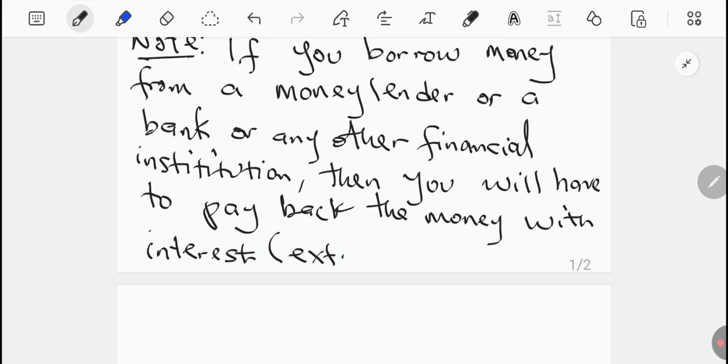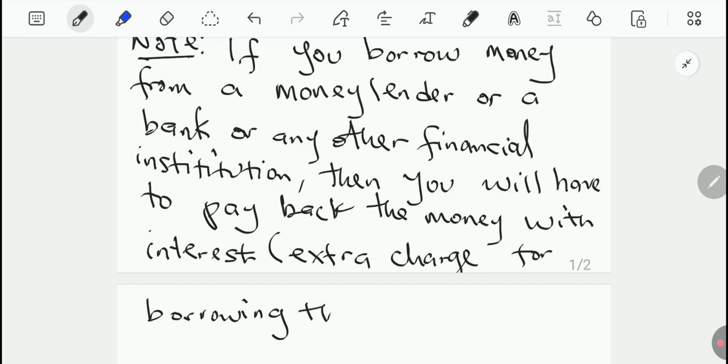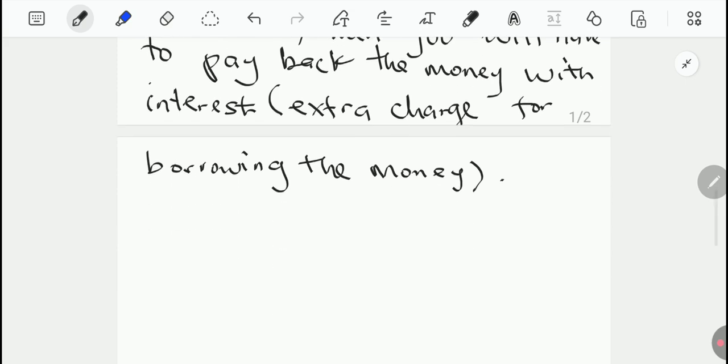Interest is called extra charge for borrowing the money. That is a definition of what we are talking about. So you have to pay back the money with interest, and the interest is what we are looking at now. Let us do some examples.